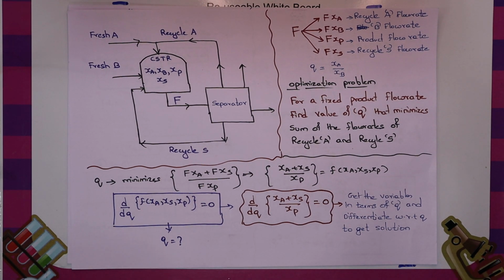And you can see here I have drawn, for a better view, fresh A and fresh B, recycle A and recycle S. The molar fractions of A, B, P, S are given here. There is a separator, and F is the total flow rate exiting the reactor.